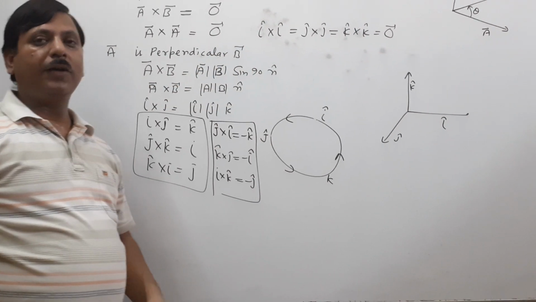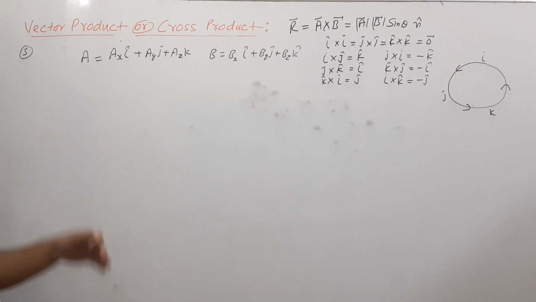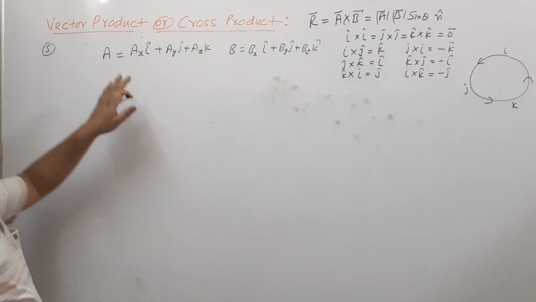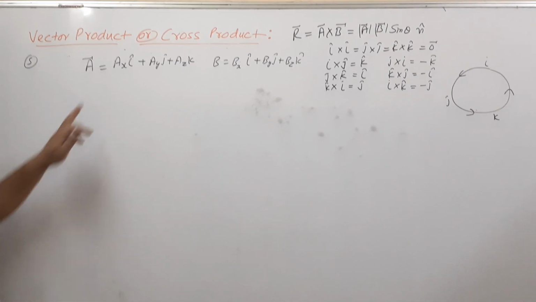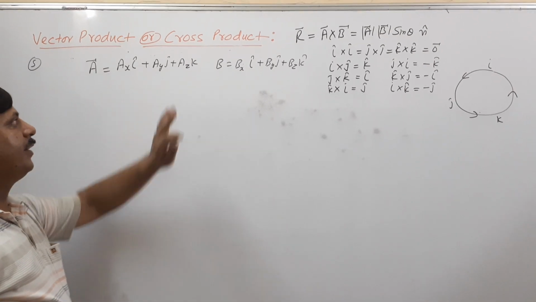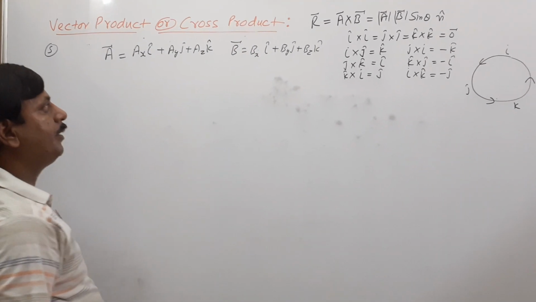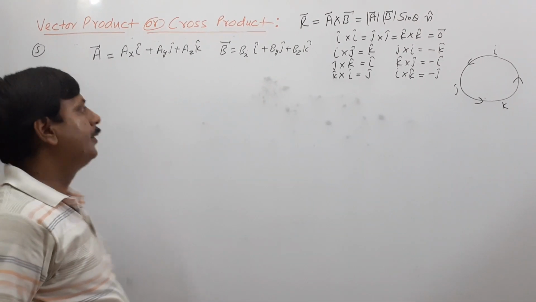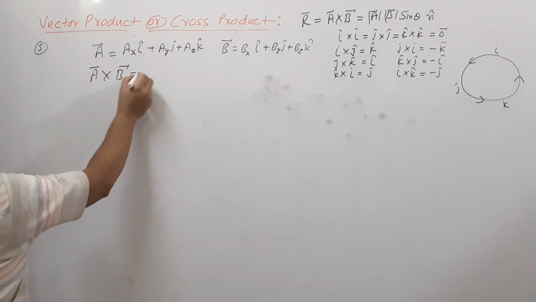Okay, we will go to the rectangular components. If you take rectangular components, vector A is given in component form as ax i cap, ay j cap, az k cap, and vector B as bx i cap, by j cap, and bz k cap. So what will the cross product be?